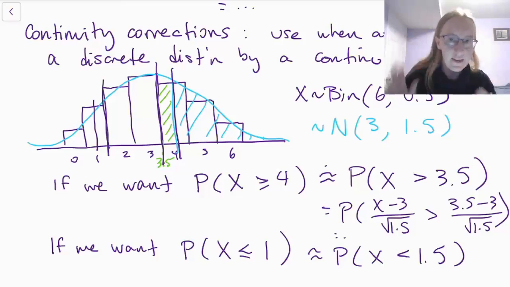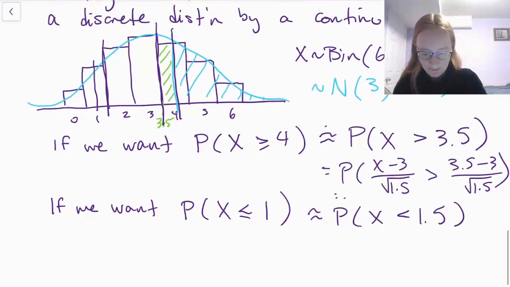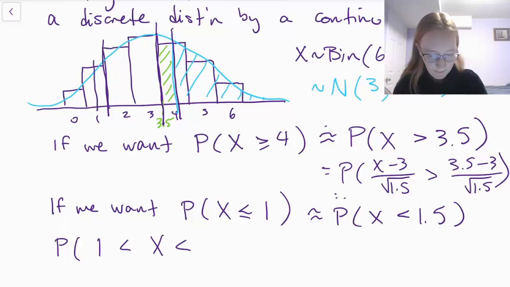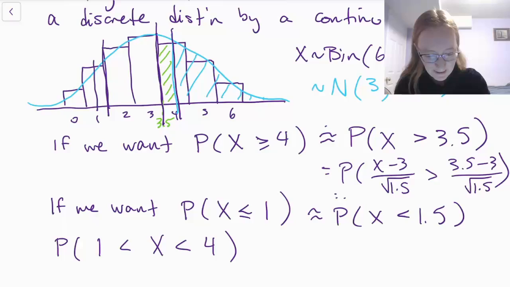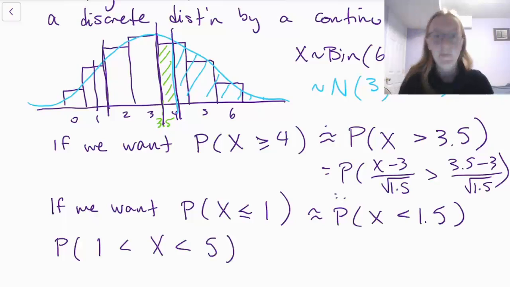So you could see the same kind of thing, like if we wanted the probability that x is between 1 and 4, something like that. Oh no, that's just the other one minus the other two. But let me get a better example. Say 5.